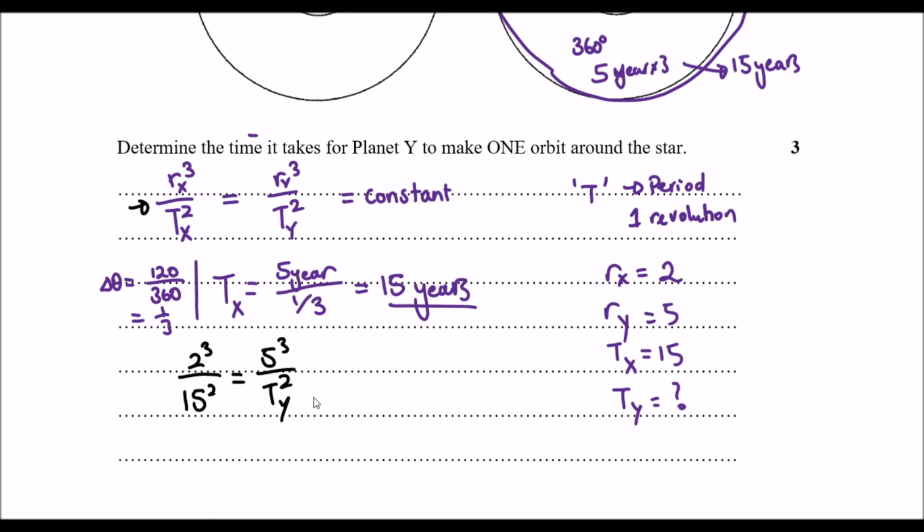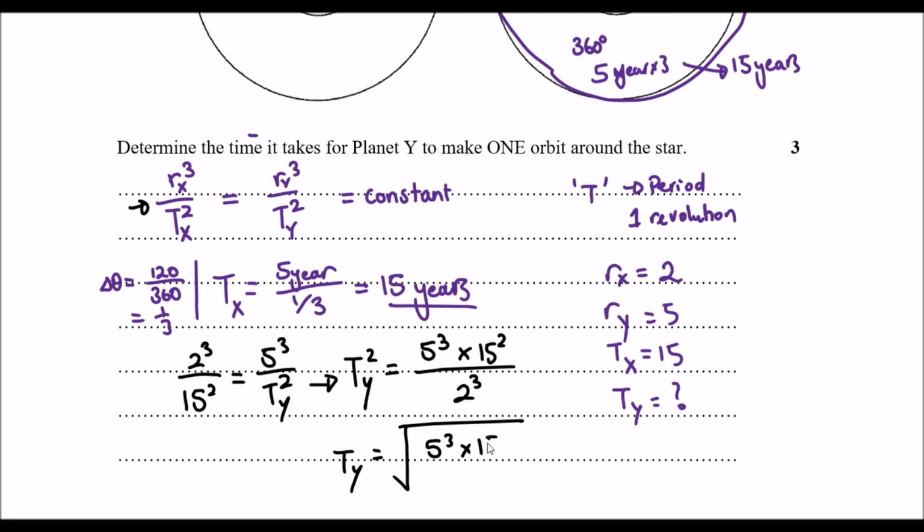Ty is what we want to find, so we want to rearrange the formula. Ty squared equals 5 cubed multiplied by 15 squared divided by 2 cubed. And so Ty is the square root of 5 cubed multiplied by 15 squared divided by 2 to the power of 3.